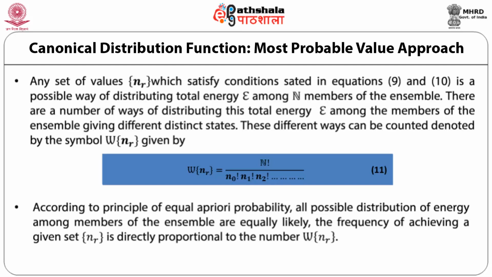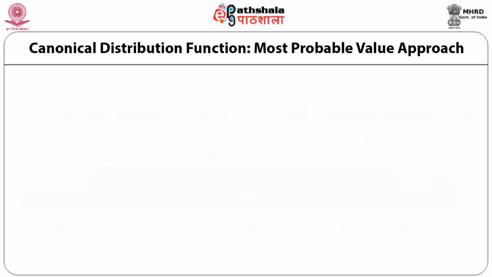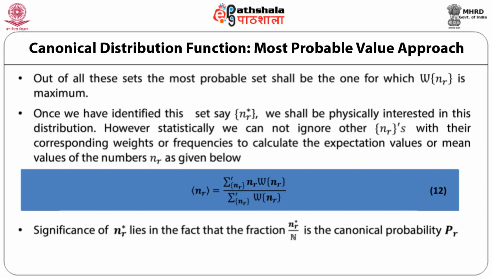According to the principle of equal a priori probability, all possible distributions of energy among members of the ensemble are equally likely. The frequency of achieving a given set {NR} is directly proportional to the number W{NR}. Out of all these sets, the most probable set shall be the one for which W{NR} is maximum.